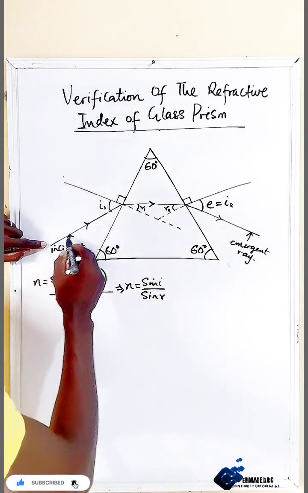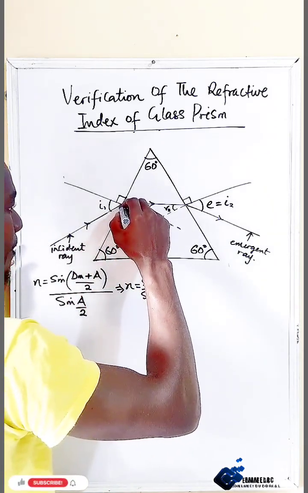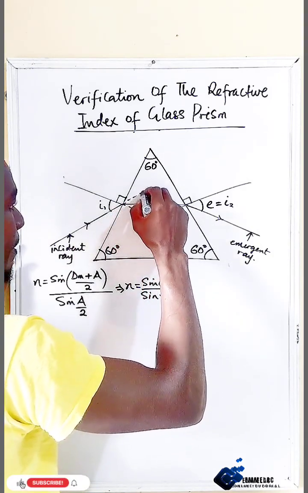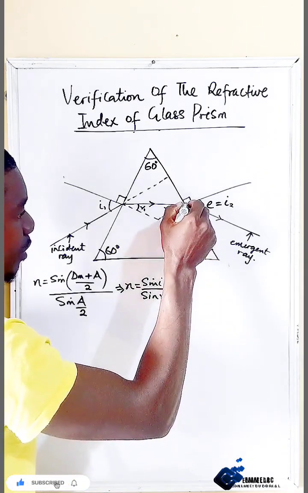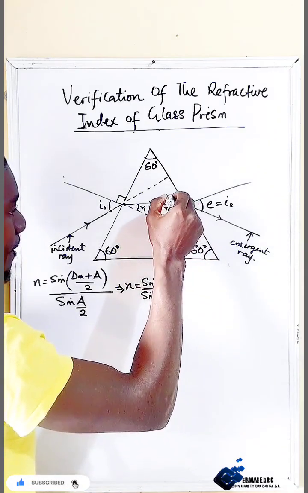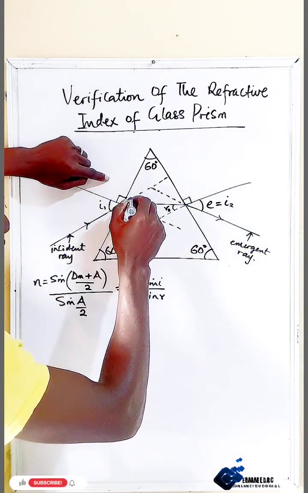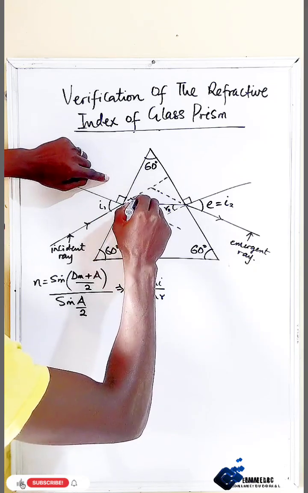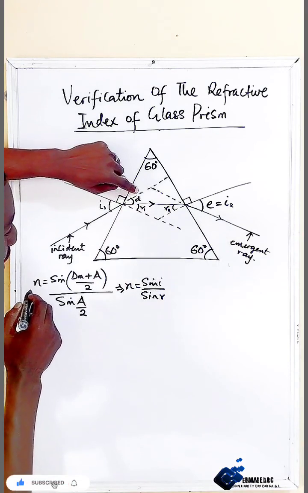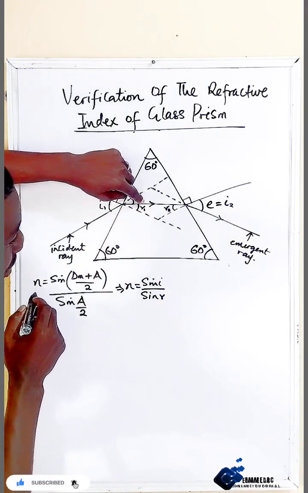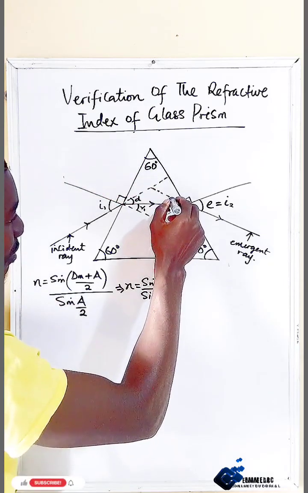Now for the incident ray, we presume that normally it should move this way, and for this emergent ray also, it is meant to go this way. Now this angle here is the deviation between the incident ray and the refracted ray, and here the same thing.